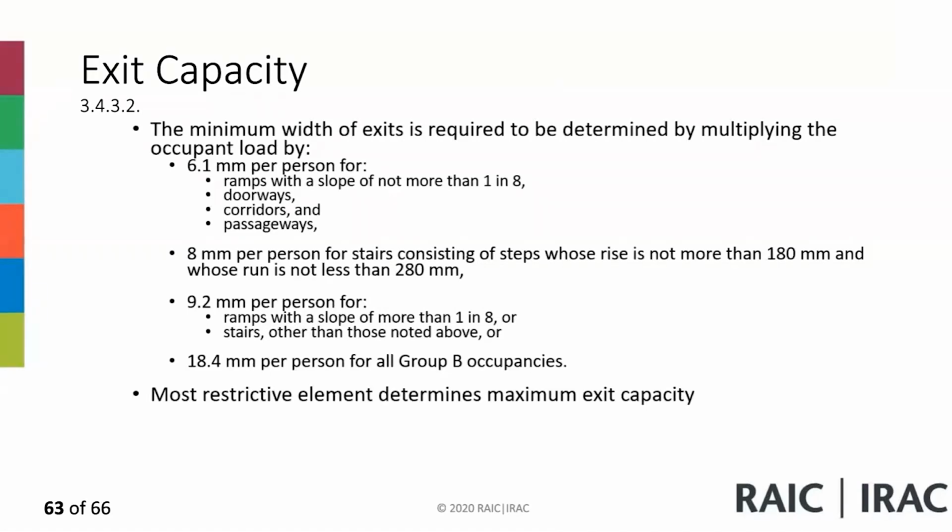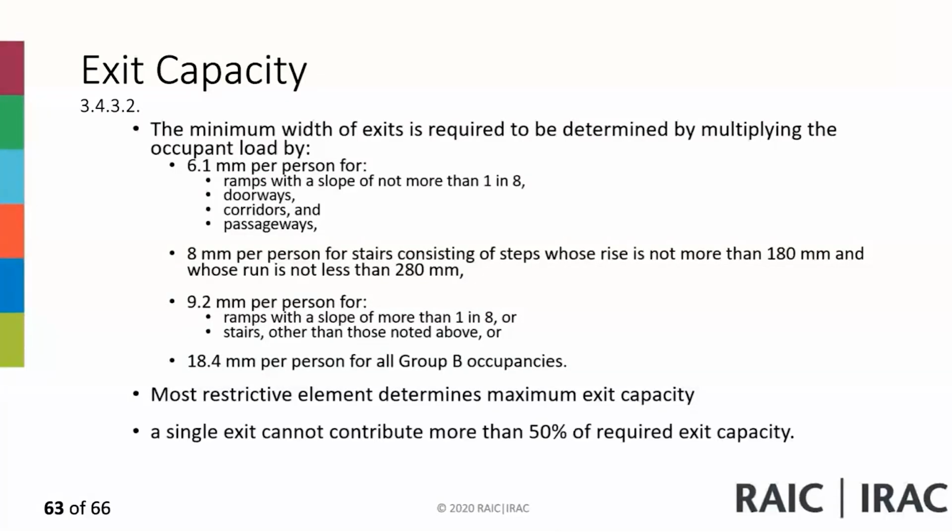The most restrictive element determines the maximum exit capacity. So even though we have minimum requirements for exit width and door width, we still need to have the exit capacity subdivided against the total occupant load to make sure that we have sufficient capacity. While we do that, we need to make sure that any one single exit cannot contribute more than 50% of the required exit capacity.